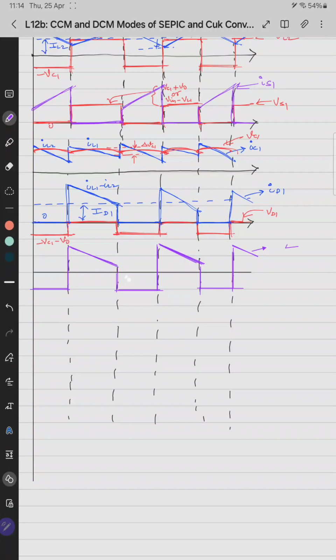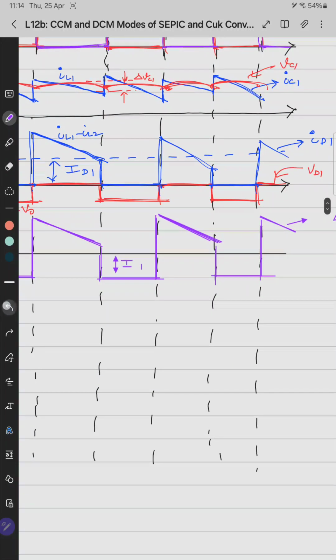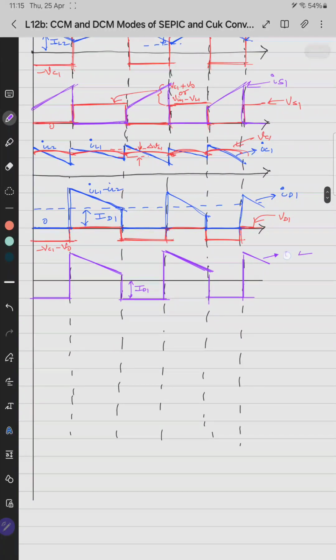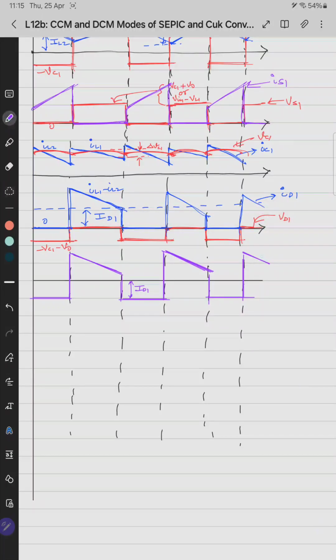So the value by which it goes down, this value is ID1, its average value. This is IC2.